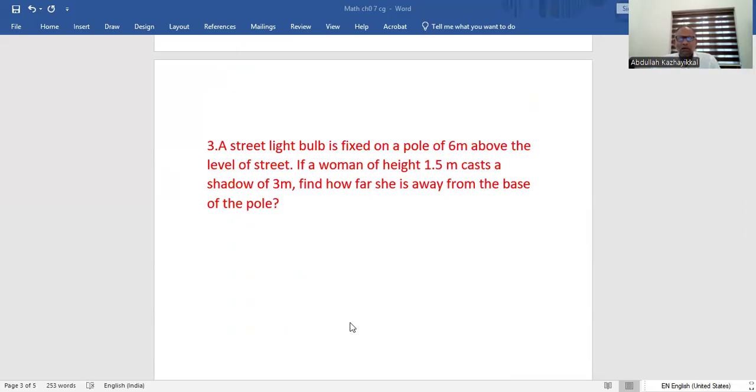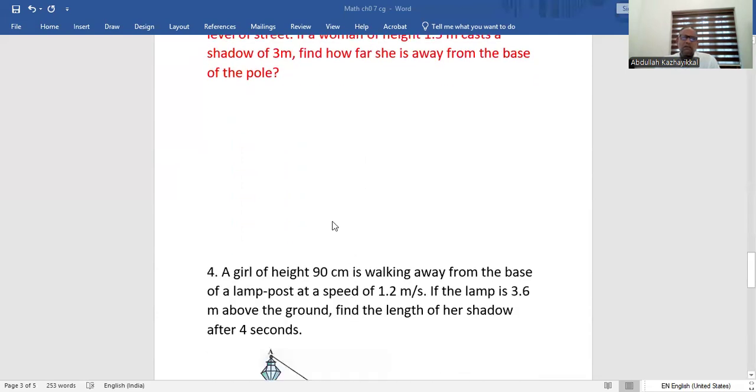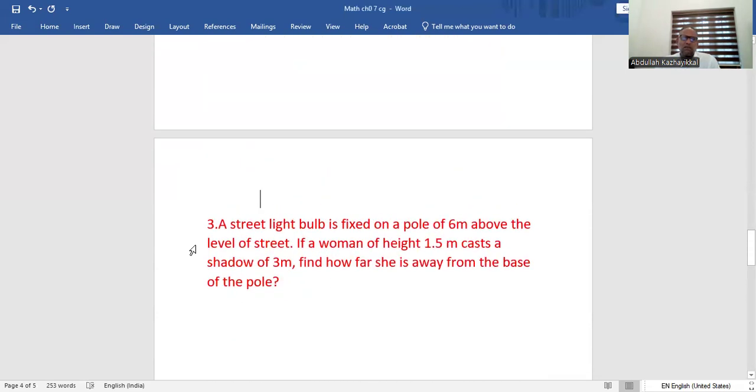If a woman of height 1.5 casts a shadow 3 meter, find how far she is away from the base of the pole. A little difference for this question.